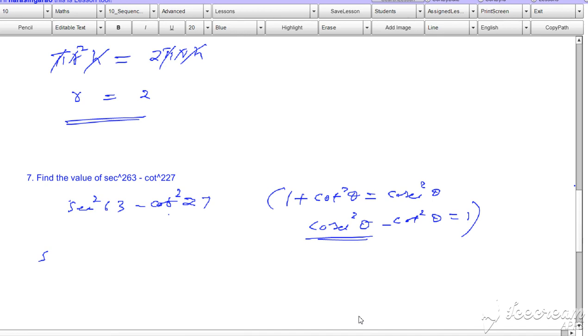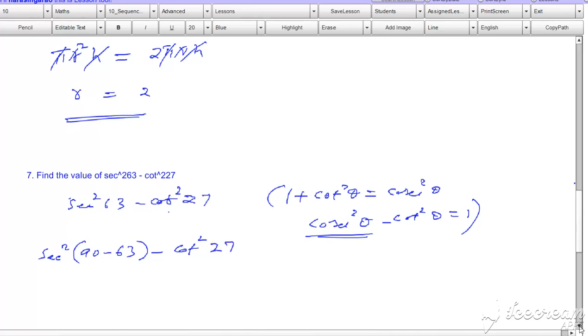Questions of 1 mark, and I was dealing with a trigonometry question. It was halfway. I was explaining that you make the number 63 degrees into 27. You know that secant square (90 minus 63) minus cos square 27.